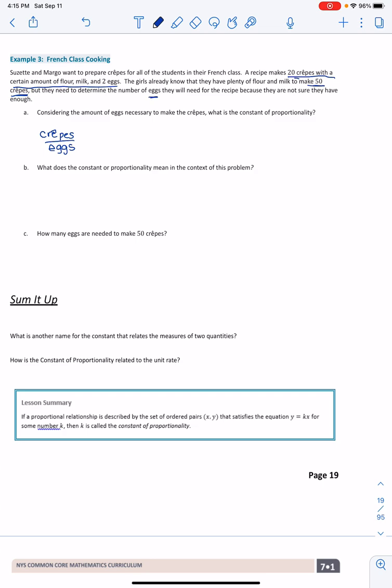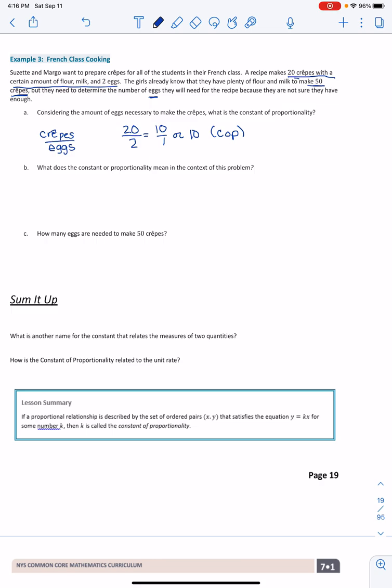But we need to know how many crepes 1 egg makes. So we have 20 crepes over 2, and that is 10 over 1, or 10. So our constant of proportionality is 10.